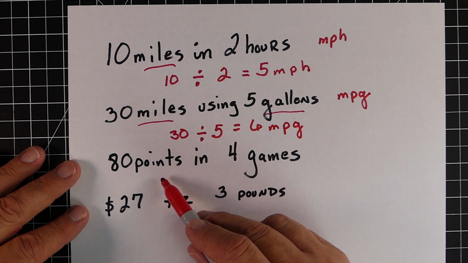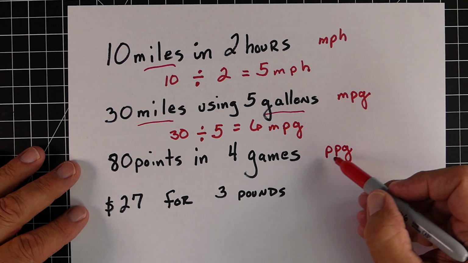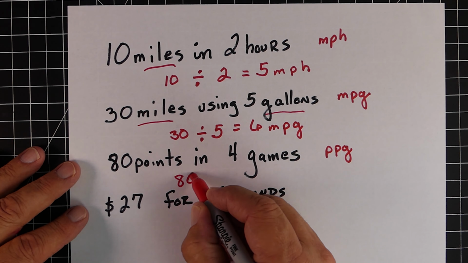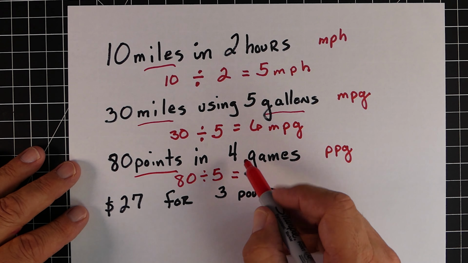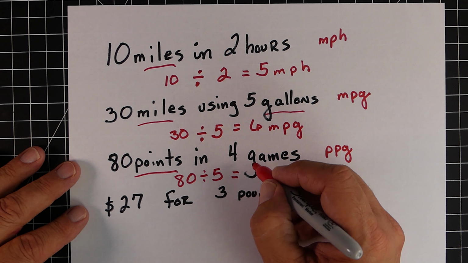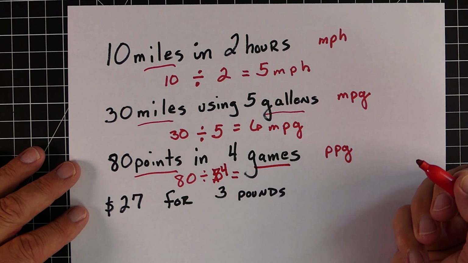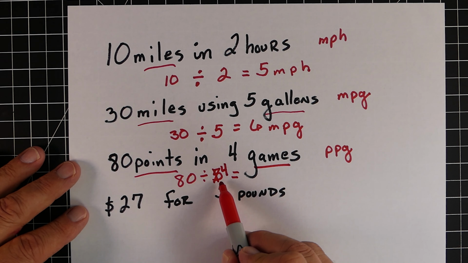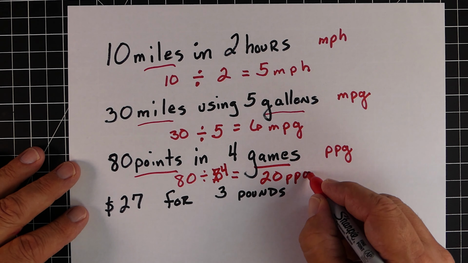If we're trying to find out how many points per game, we're going to be taking points and dividing that by the number of games. So it would be 80 divided by 5. Actually, it should be 4, so we'll change that. So it's 80 divided by the 4 games, and that would give us 20. So 80 divided by 4 is 20, so that would be 20 points per game.